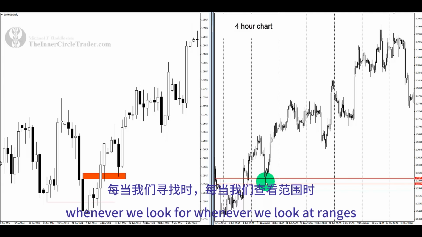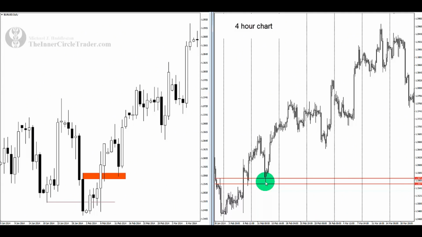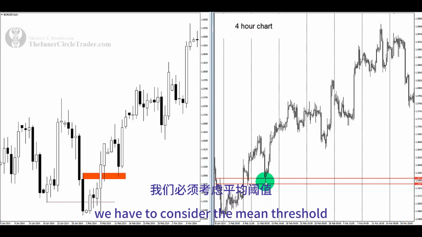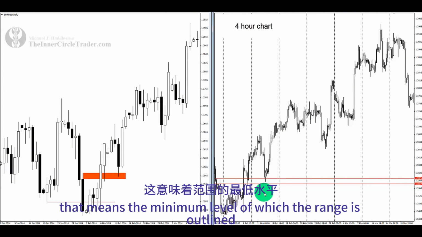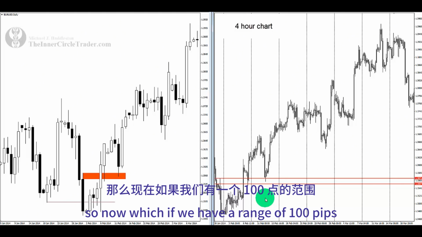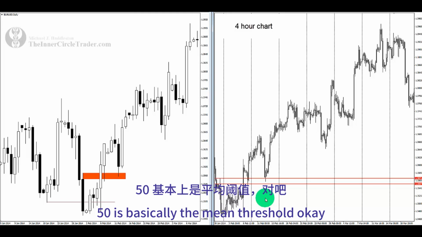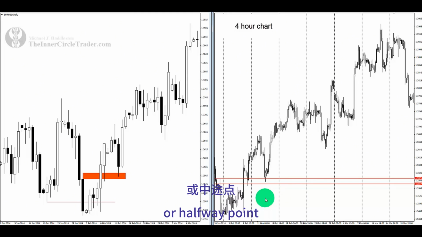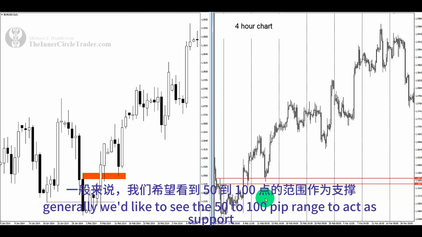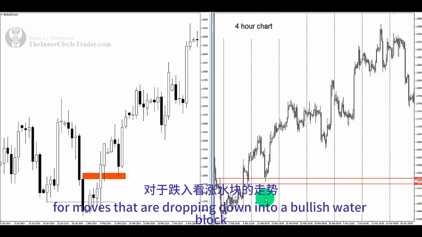It's the halfway point of the range. If you have a range of 100 pips, 50 is the mean threshold. Generally, we like to see the 50 to 100 pip range act as support for moves that are dropping down into a bullish order block.